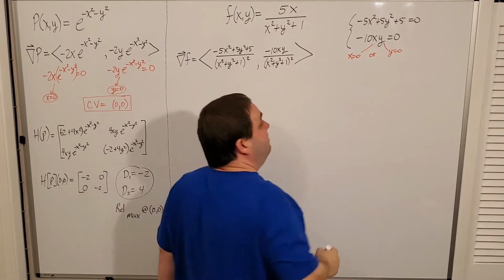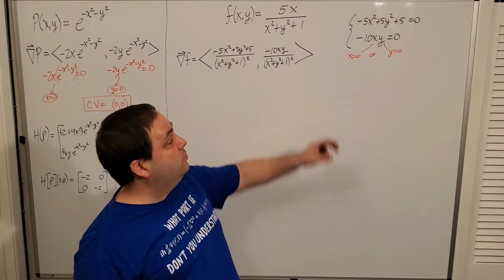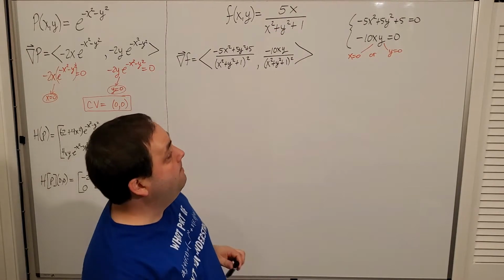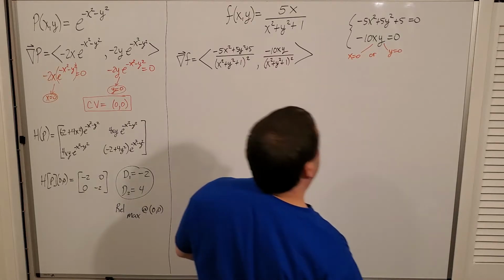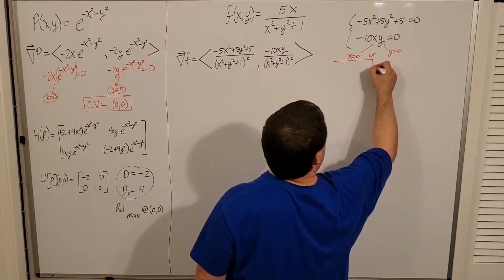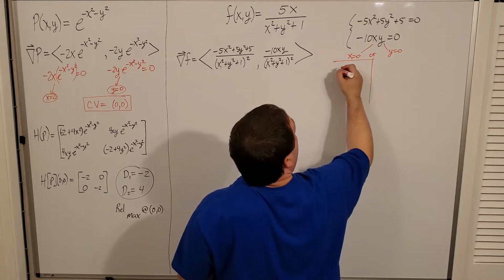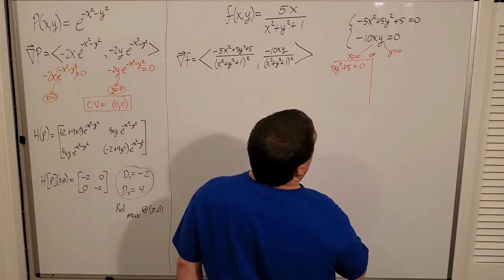Okay? Now, those aren't solutions yet because we don't know what happens when we apply this information to the other equation. Okay? So when x is 0, let's go ahead and split this up here. When x is 0, the top equation becomes 5y squared plus 5 equals 0.